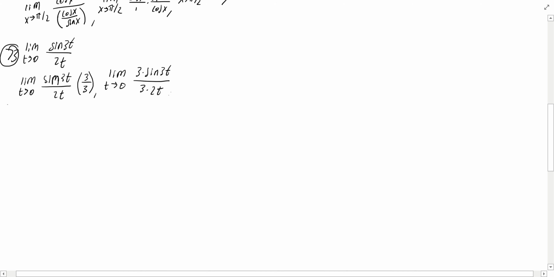And then the limit as t goes to 0 is going to be 3 times the sine of 3t over, and then, because with multiplication we can interchange these variables, we're going to make this 2 times 3t. So we're going to end up with the limit as t goes to 0 being 3 halves times the sine of 3t over 3t.